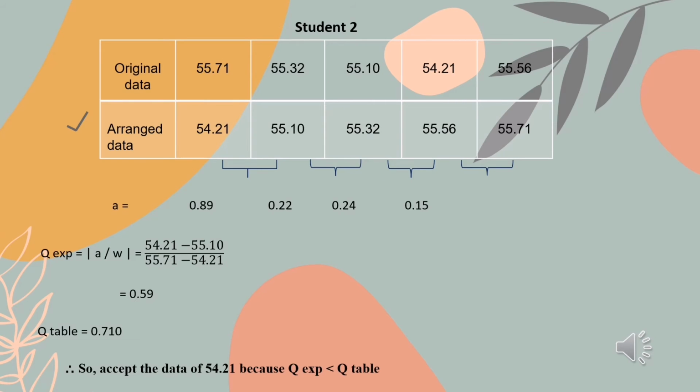For student 2, the question is still the same. We want 95% confidence for 5 observations, which is 0.710.